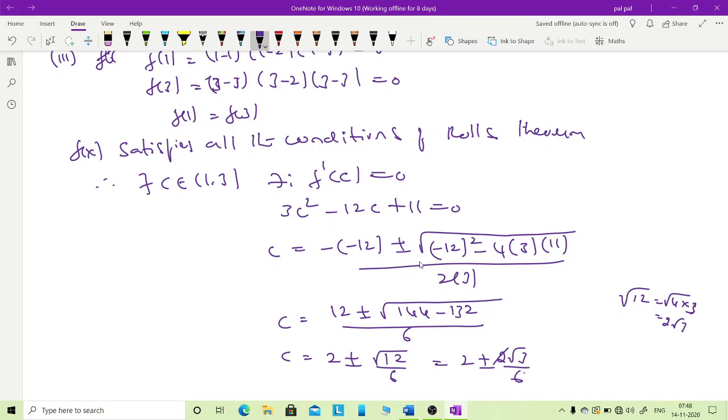Again, you can cancel 6 with 2. 2 ones are 2, 2 3s are 6. So this is equal to 2 plus or minus 1 divided by root 3. Root 3 by 3 can be written as 1 by root 3.